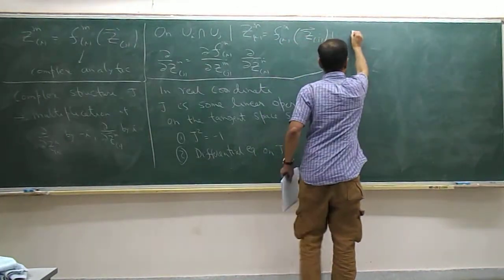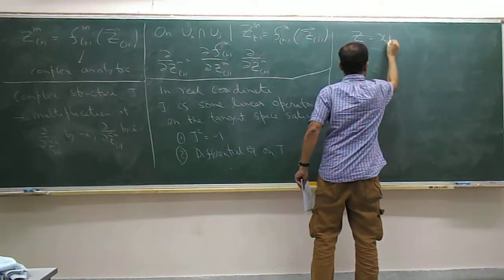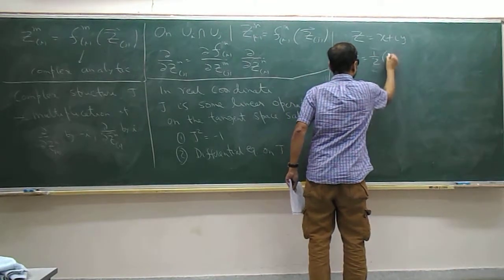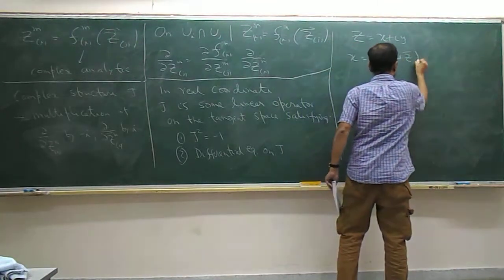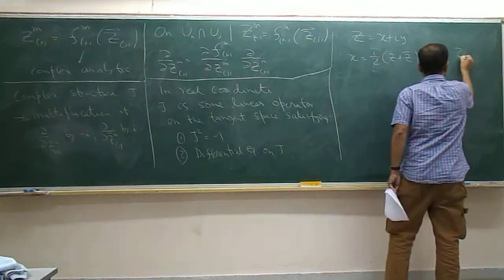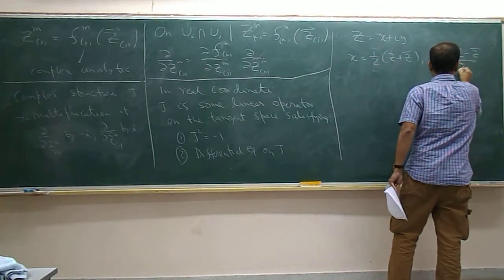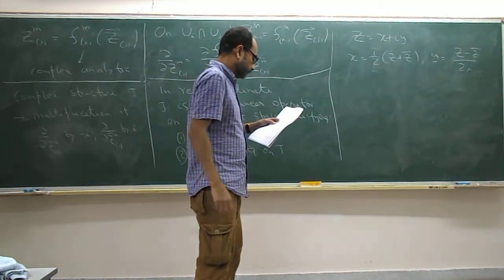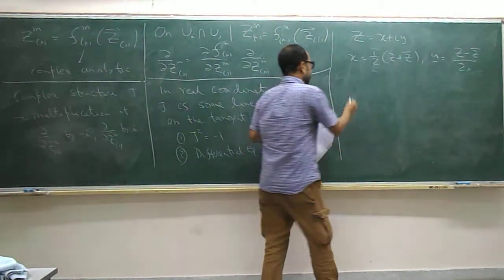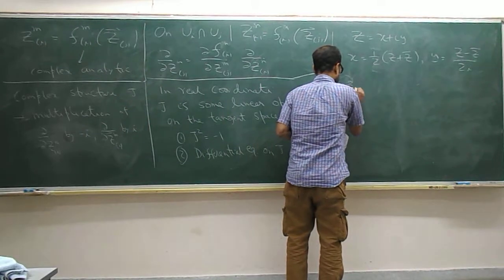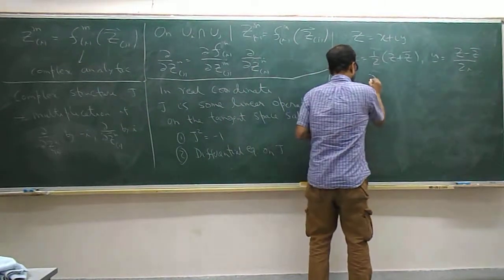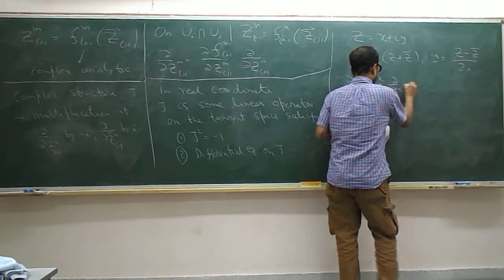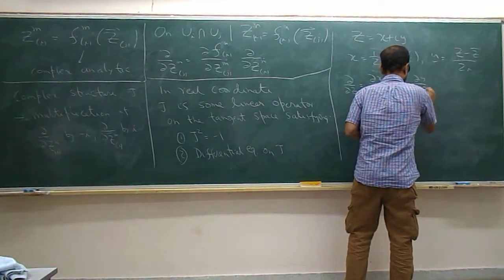Let's take the simple case, z equal to x plus iy. In this case, x will be half (z plus z bar) and y is (z minus z bar) over 2i. So del/del z is del x/del z times del/del x plus del y/del z times del/del y.